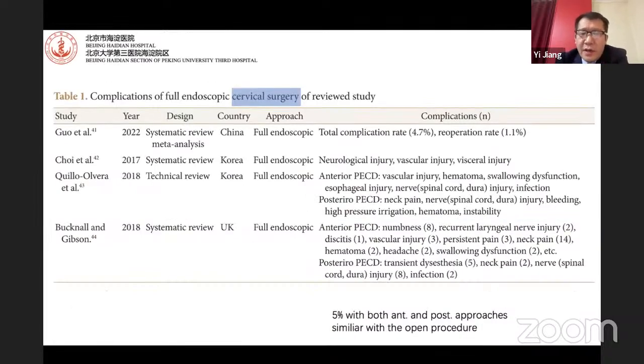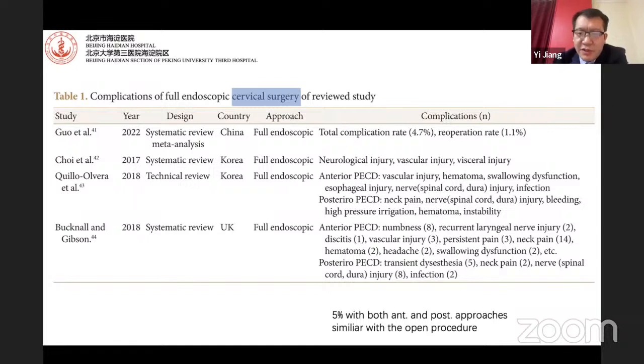In total, the complication rate is about 5% with both anterior and posterior approaches in cervical endoscopic surgery. It's very familiar from open procedures, but some complications are not like open surgery.